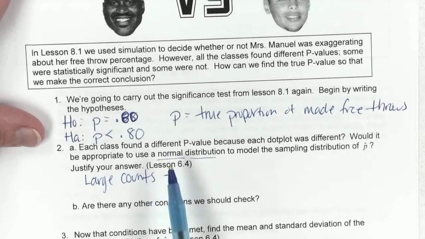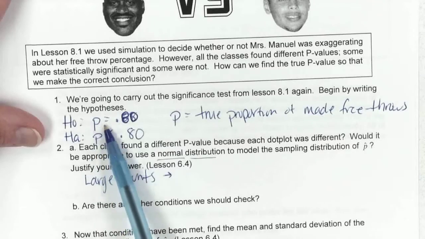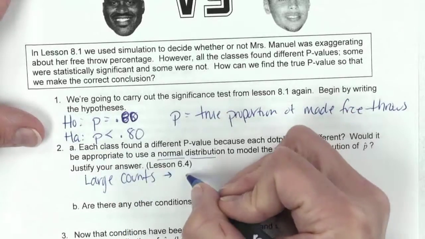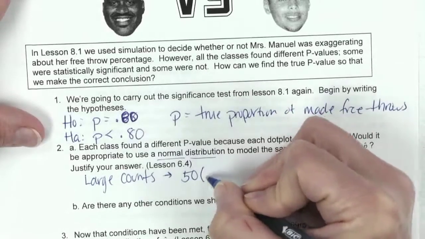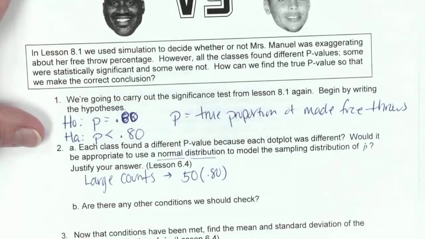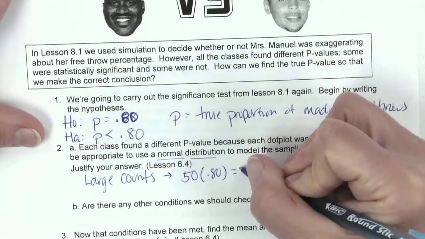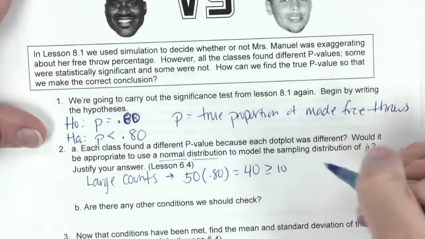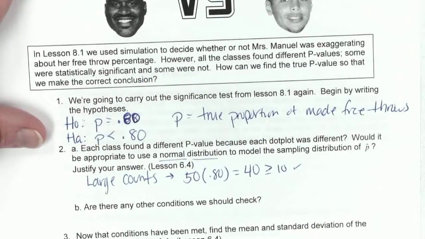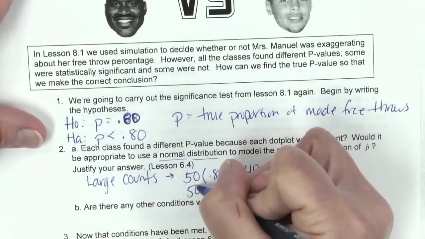Now we are operating under the assumption that I am 80% successful. So if I take 50 shots, there's my sample size, and I truly am 80% successful, how many shots would I typically expect to be making? 80% of 50 would make 40. That is at least 10, so we meet the large counts for that piece, but we have to check the other.